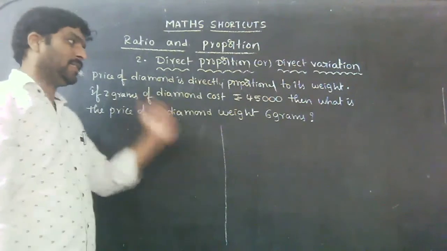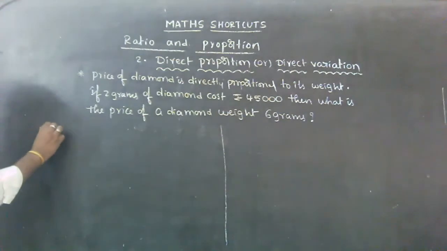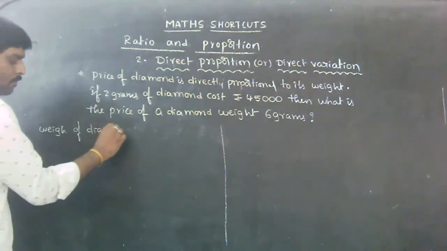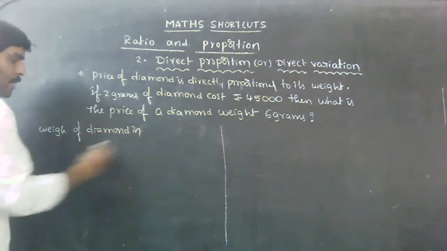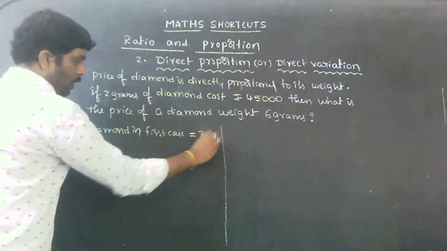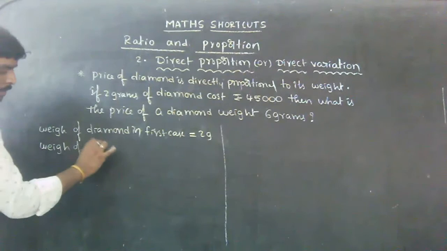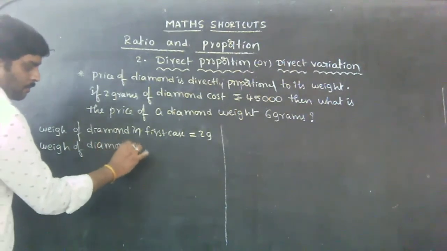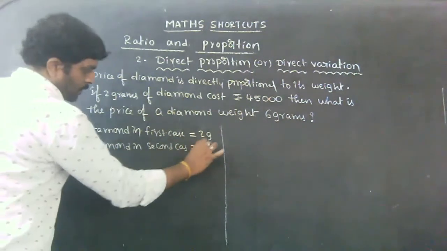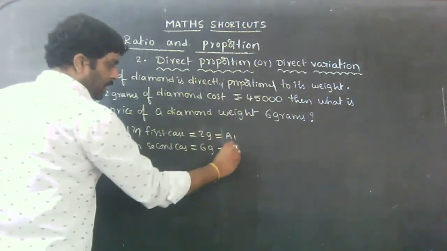Weight of diamond in the second case is 6 grams. Let us take it as A1 and A2.